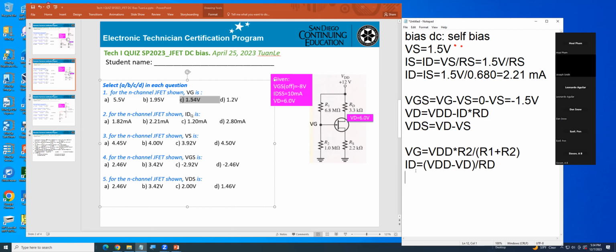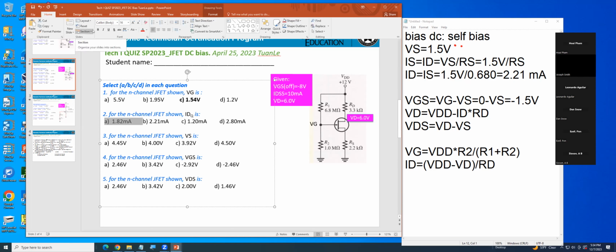You only need to do the calculation. But I think that could be A. Correct?